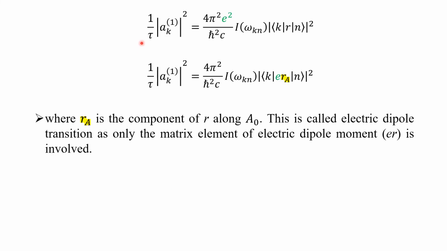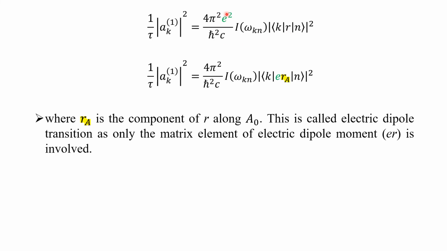In the previous slide, we have seen this is the square of the probability amplitude per unit time. That is, the probability per unit time is equal to 4 pi squared e squared over h cross squared c, I as a function of omega_kn, modulus bra k r ket n whole squared.